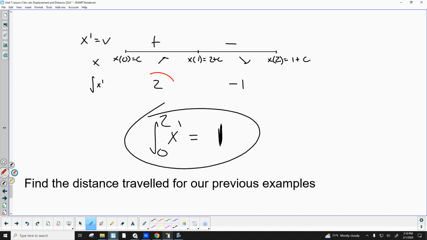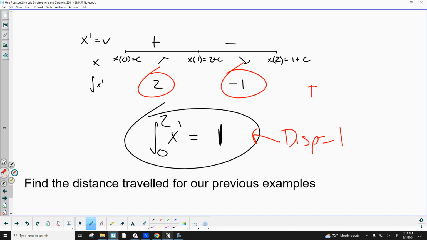What did you do? Well, you said I went to the right 2. I went to the left 1. I kept my positive displacements with my positive velocities positive. I took my negative displacements with my negative velocities. I wanted to make them a positive. My displacement is 1. That means I ended up 1 away from where I started.